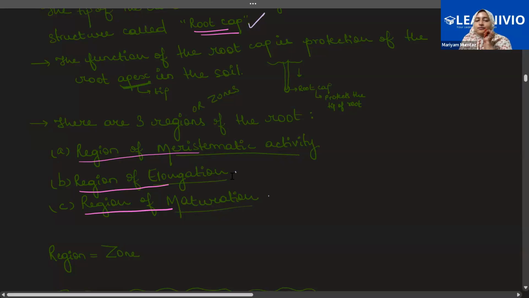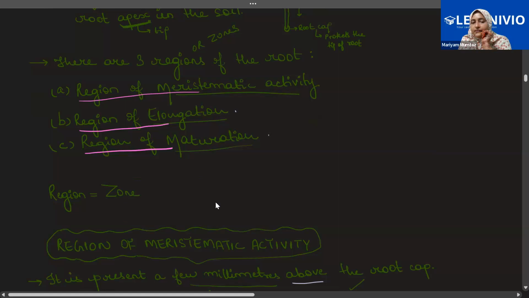Now, talking about the regions of the root, you can call it a zone or a region. The first is the region or zone of meristematic activity, the second is the region or zone of elongation, and lastly there is the region of maturation.